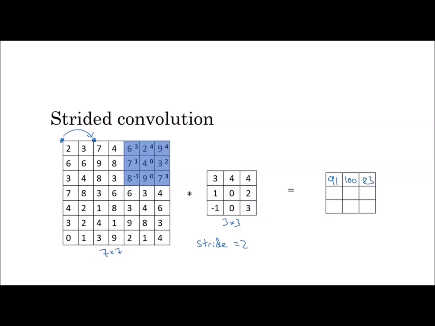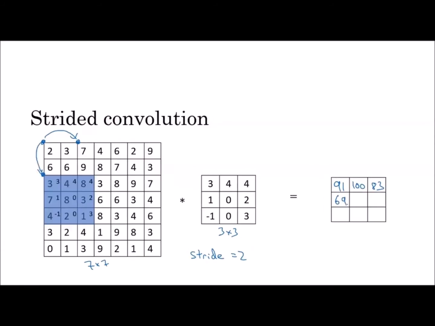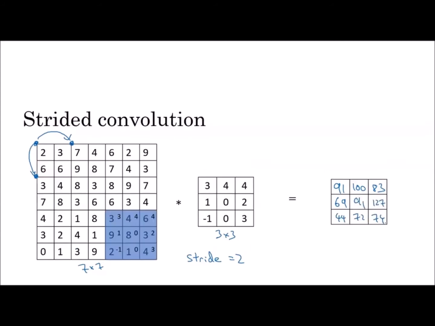Again, we shift by 2 pixels, so it is stride 2. Similarly, we shift row-wise 2 pixels because it is stride 2, and we continue until the last block. So we get a feature map of 3 by 3. It is reduced from 5 by 5 to 3 by 3.